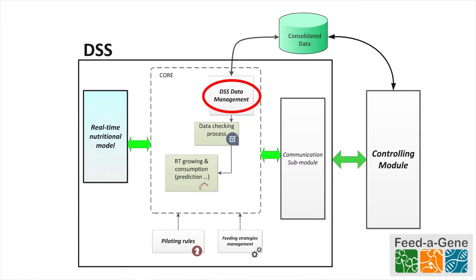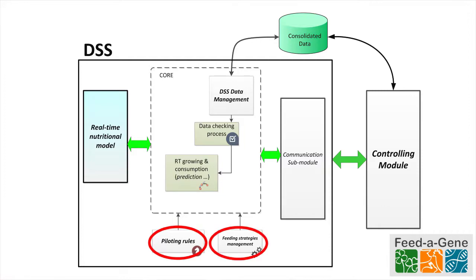Once the information is received, the input data on the animals or on their environment are processed first by a data checking module that helps to clean the data and fill in some missing data. The data received can also originate from the end user, who can implement their own piloting rules, that is to say targeting body weight or the feeding strategy, that is to say the number of diets that they want to use, or the body weight at the change of diet if they want to implement some specific strategies.